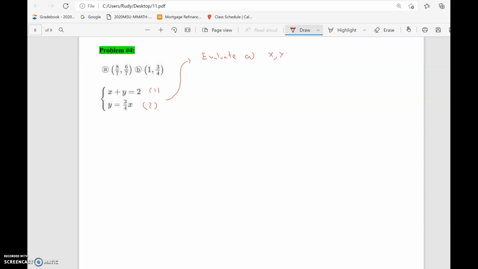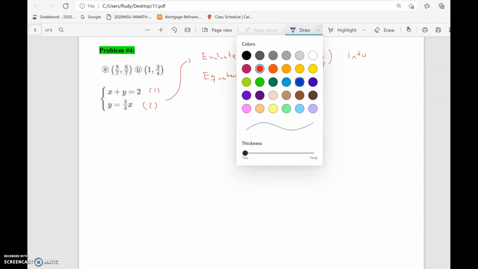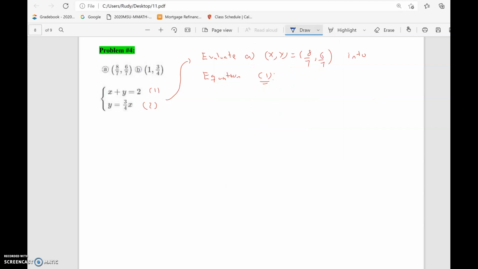Which is an x and a y, in this case 8/7, 6/7. We're going to plug this into equation 1. Equation 1 happens to be x plus y is equal to 2.